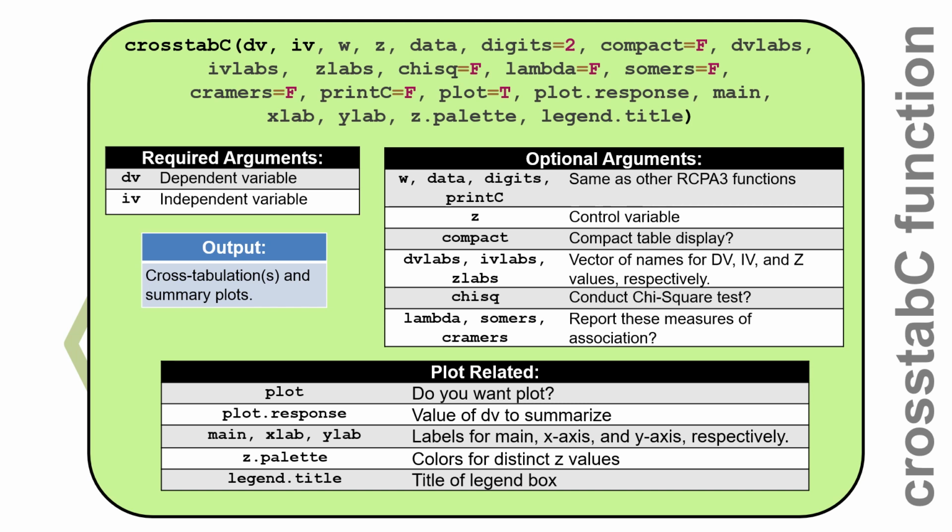The compact dvlabs and ivlabs arguments aren't standard options, and you can use them for basic cross-tabulations, so I will show you how to use them in this video. As you can see, the crosstabC function has a lot of other optional arguments, as well as some plot-related arguments, which I will discuss in other videos. To see how to use the crosstabC function to make a basic comparison, let's work through some examples together.